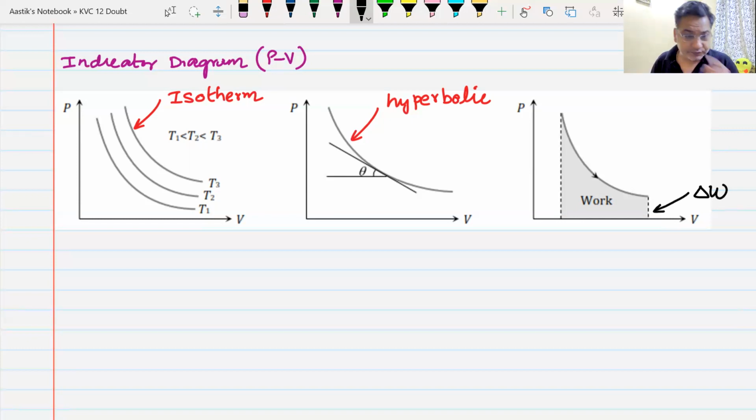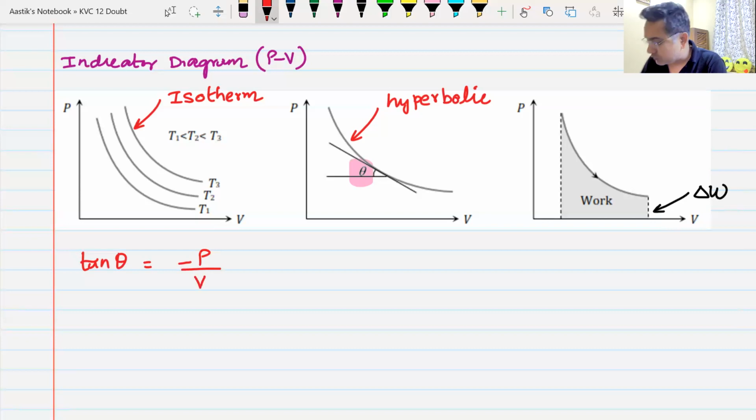Now, one of the most important things in this PV graph is this angle theta, which basically gives us the slope of the graph. Tan of this angle theta gives us the slope, and you can easily prove it, it will always be equal to minus P by V. At different instances, the value of P is different and the value of V is different, and therefore the slope of this graph is different at different points.